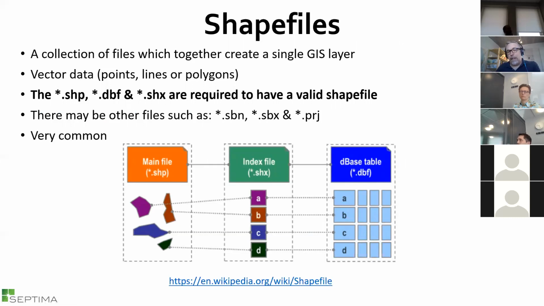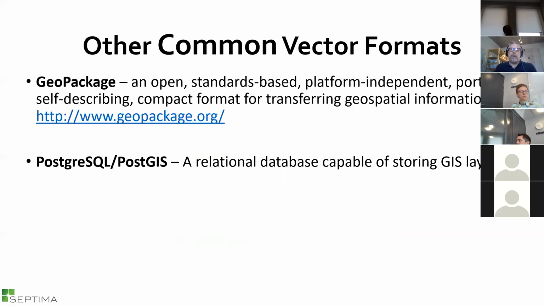That can be limiting when you're trying to come up with a new field name. And if you try to save something as a shapefile that had longer field names, those will just get cut at the 10th character. So shapefiles are common, but they're not the best format for all uses these days.